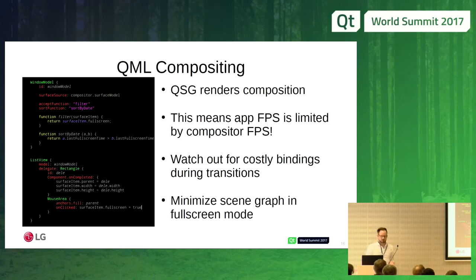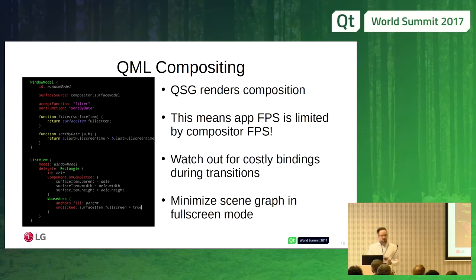So, for example, you might want to filter surfaces that are full screen, like in this full screen filter function, and you might want to sort them by the last time it was full screen, so you can sort them in a kind of task switcher way. So this window model is also an abstract item model. And then at the bottom, we can just use that in a list view and bind a delegate to it. And in the delegate, we can just use the surface item, resize it to the delegate itself and reparent it, and then we can just display it in a list.